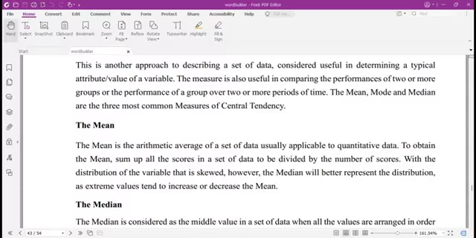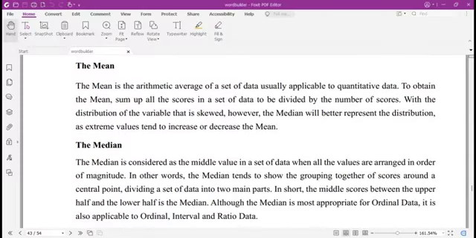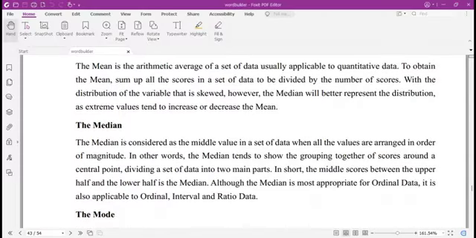Alright, we go to median. The median is considered as the middle value in a set of data. Median. When I talk of median, I'm talking of middle. Gotten from the word middle, refers to what is in the middle.